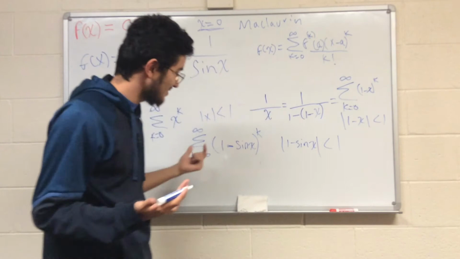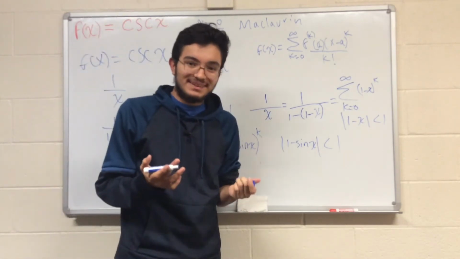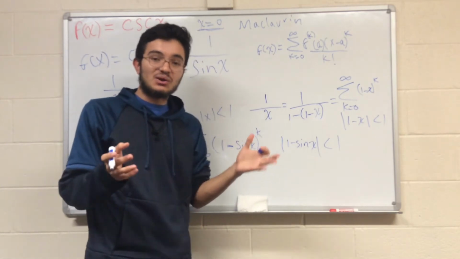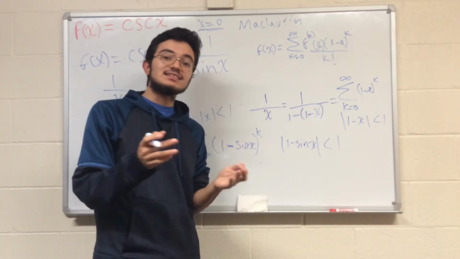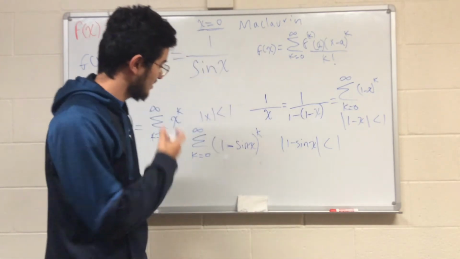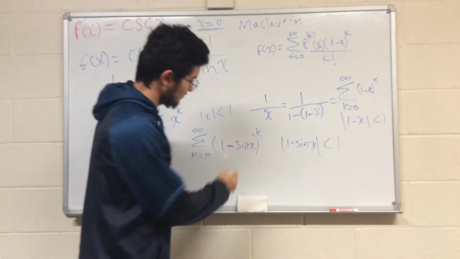But the problem is, the whole point about series expansions is so that you get something that is easy to manage and easy to calculate. Polynomials usually are the choice. So we could kind of reduce this.